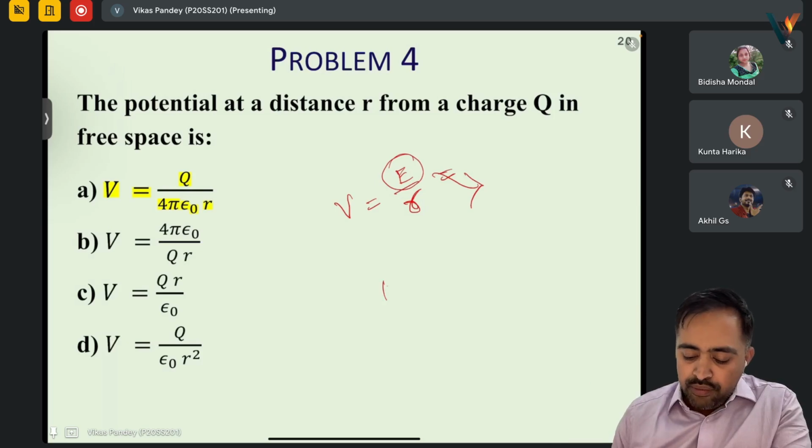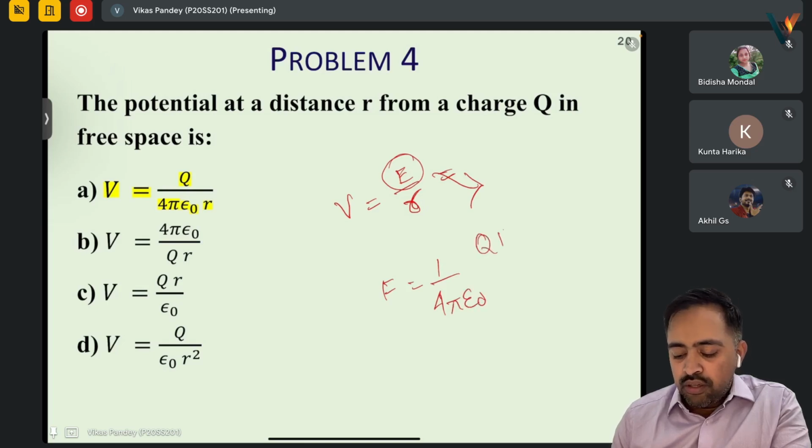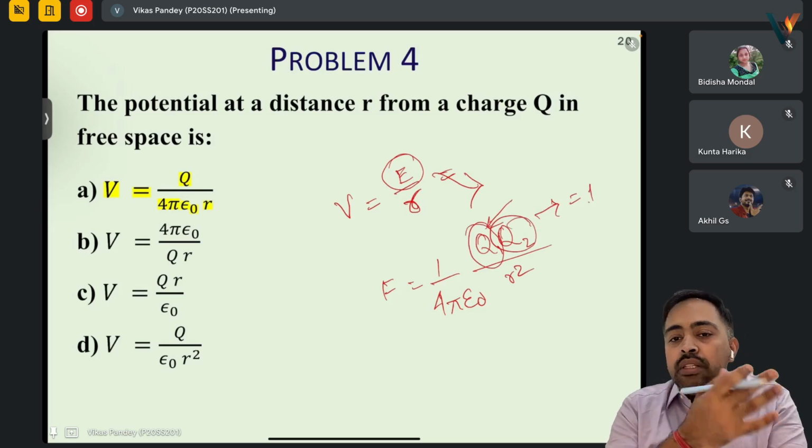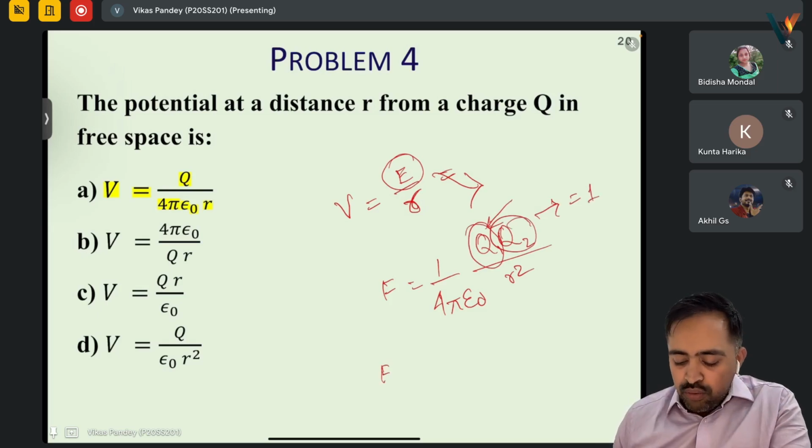So F we are defining as 1 upon 4 pi epsilon naught Q1 Q2 upon R square. So we are saying that Q1 is there, but Q2 is equal to 1, and that means E equals 1 upon 4 pi epsilon naught Q by R square.